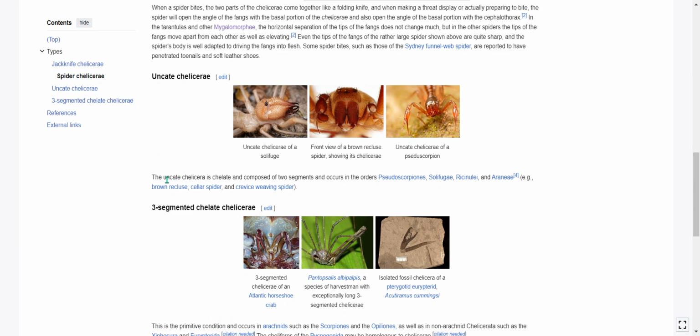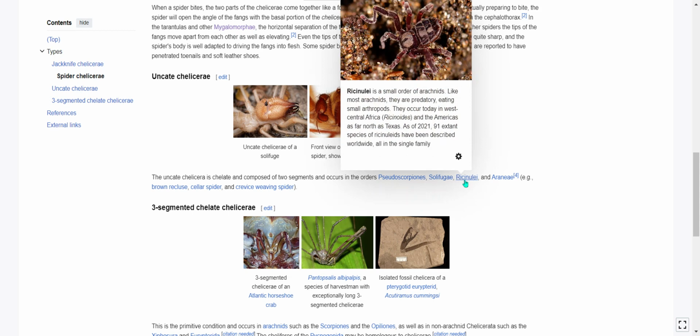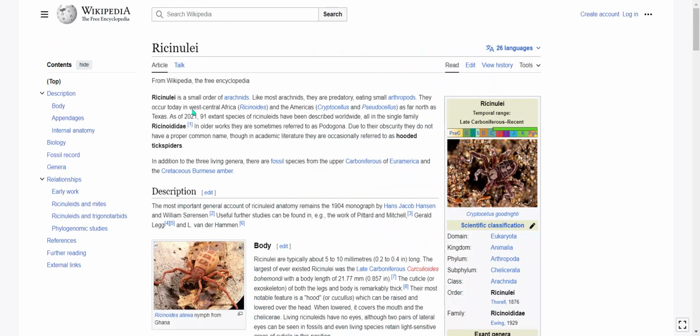The uncate chelicerae is chelate and composed of two segments, so it's claw-like, and occurs in the orders Pseudoscorpions, Solifugae, Ricinulei, and so on. Does it give IPA? No, it doesn't.